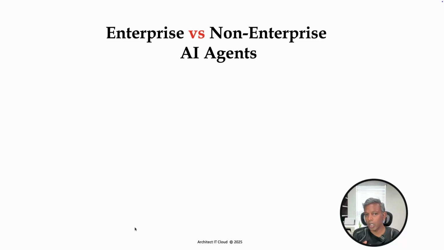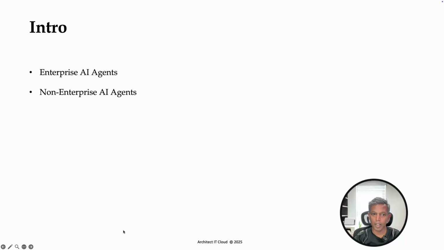And when it comes to non-enterprises, like startups who are trying to explore what exactly an AI agent is and how it can be used for enterprises, you don't need to be very strict in following the governance, security, and scalability aspects, but you still need to take care of this as you grow your AI agent in a better way. So let's get into the details.